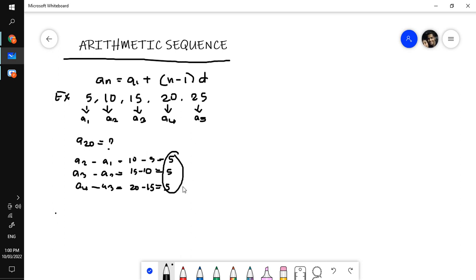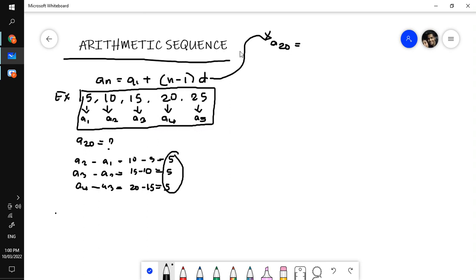So now that we already have our common difference, we can now find the 20th term. Let's go and look for the 20th term by using this formula. So our a sub n will be a sub 20 since again, we are looking for the 20th term. Our a sub 1 in the sequence is equal to 5.